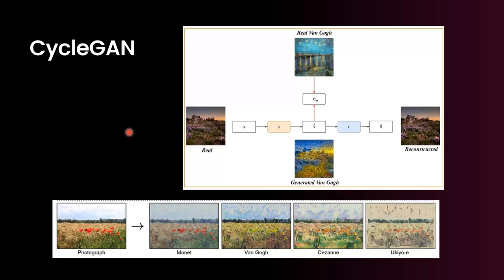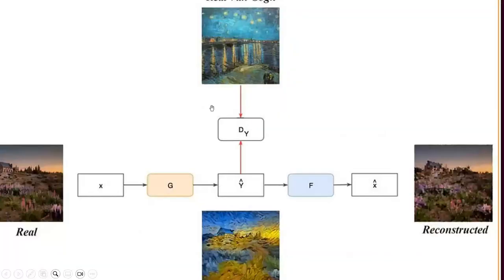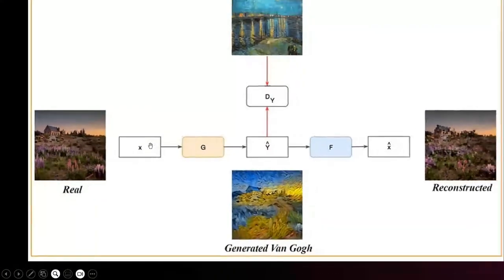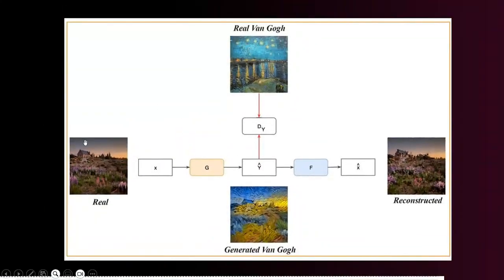So we can also use CycleGAN for something like this. As shown here, we have a real image of a real scene, and we have images in Van Gogh style.